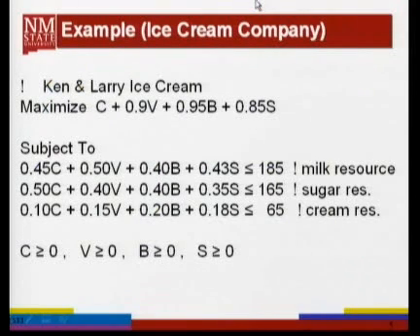We have 4 decision variables, C, V, B, and S, representing the gallons of chocolate, vanilla, banana, and strawberry ice cream produced, respectively. Okay? And our objective function is to maximize profit subject to 3 resource constraints and non-negativity restrictions for each decision variable.